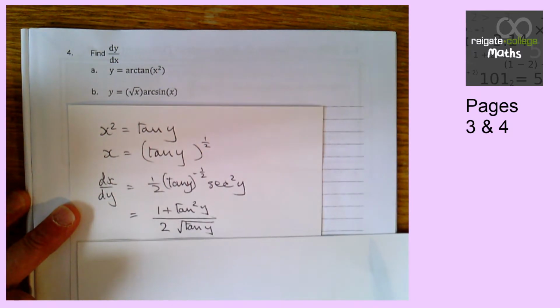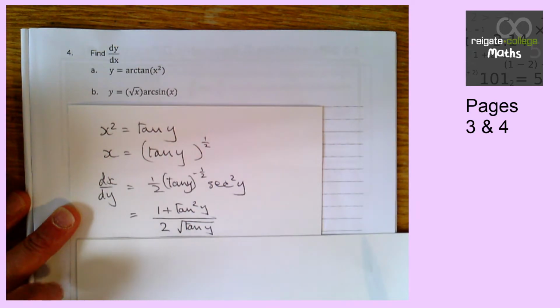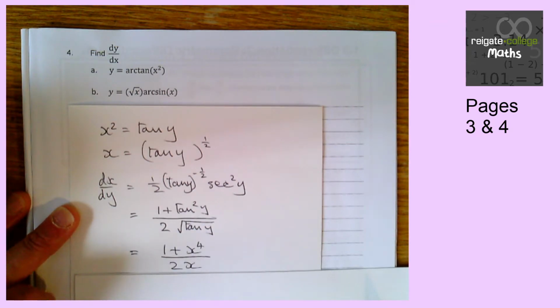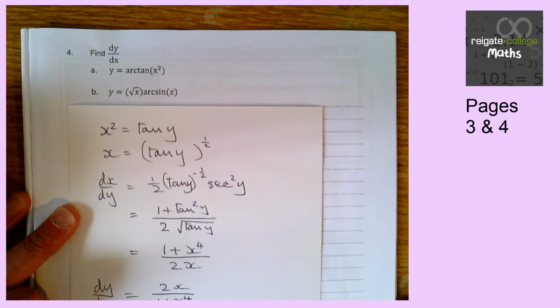I've put my square root of tan y is tan y to the minus a half, so that goes down to the bottom of the fraction. So that's 2 times the square root of tan y. Remember that tan y was x squared, so we can turn that into 2x on the bottom, and on the top we're going to turn it into 1 plus x to the power of 4. And then we're going to turn it the other way up and say dy by dx, which is 1 over dx by dy, so that's 2x over 1 plus x to the power of 4.